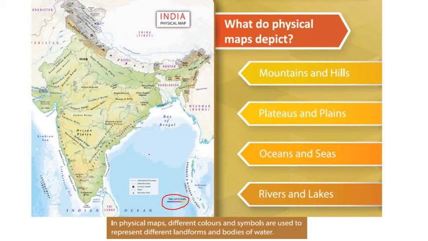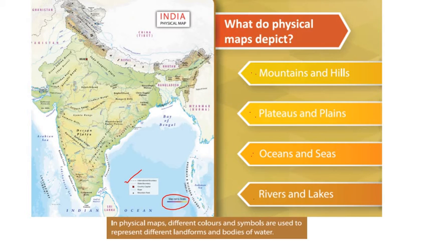Different colors and symbols are used, which represent different landforms and bodies of water, say for example, mountains and hills, plateaus and plains, oceans and seas, rivers and lakes. This is just a way of representation. The actual meaning is written over here.